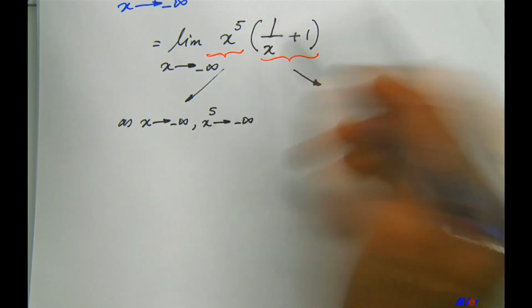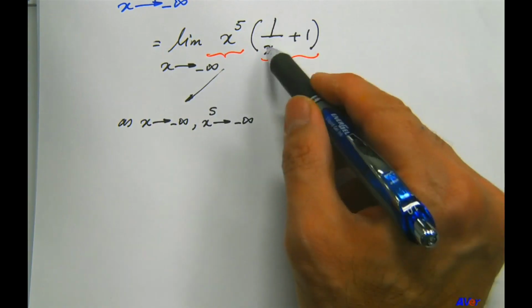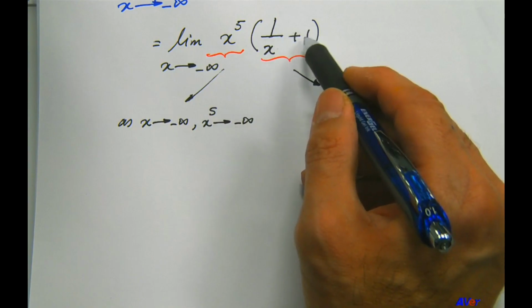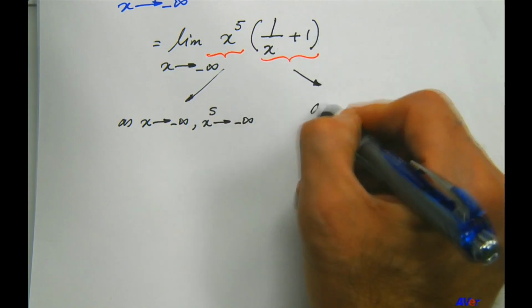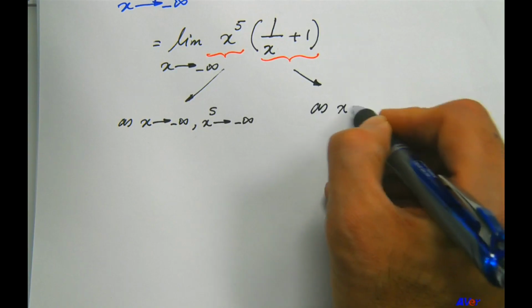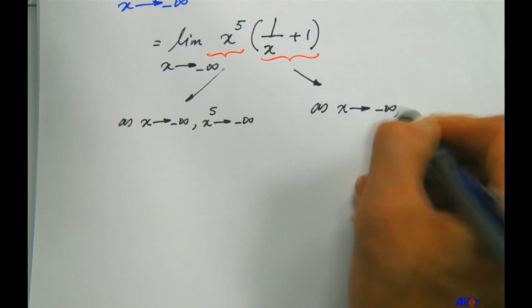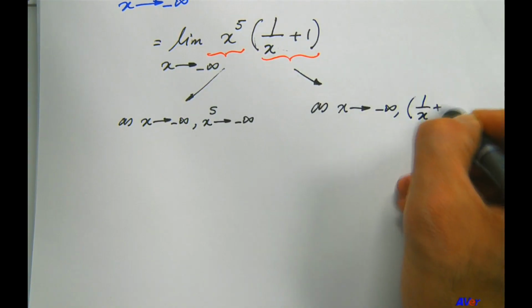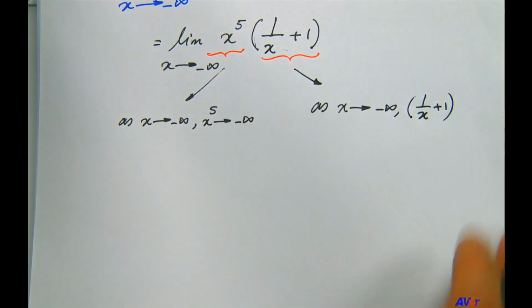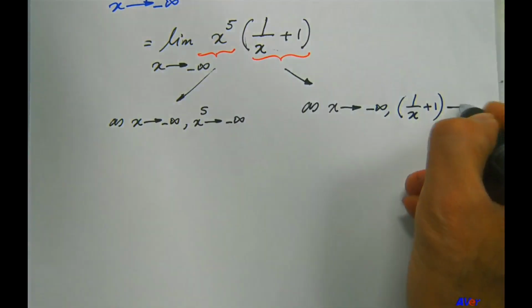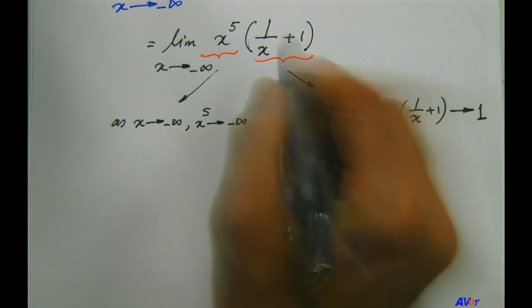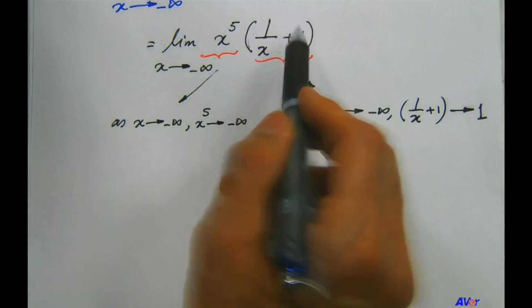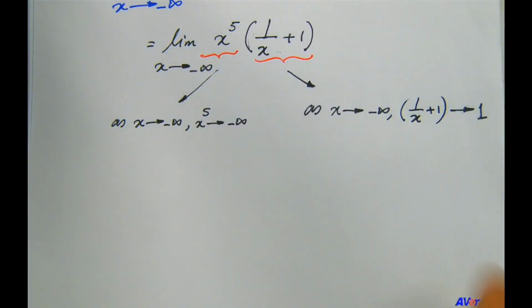But it approaches 0. Once that happens, this whole quantity becomes 0 plus 1, which approaches 1. So as x approaches negative infinity, this whole thing, 1 over x plus 1, approaches 1, because this term approaches 0, and 0 plus 1 means this whole thing approaches 1, which is what we have here.